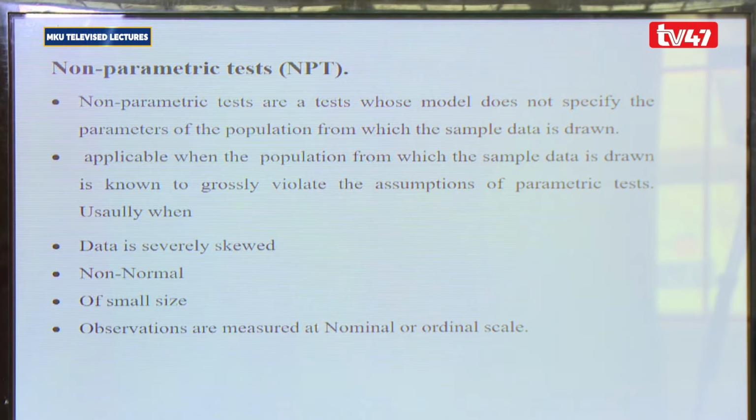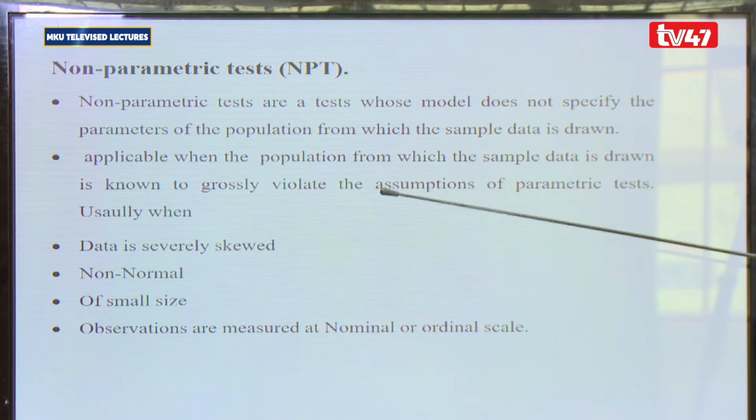Some data is known to violate these assumptions, or we may have very little information concerning the population from which we have sampled. So we resort to non-parametric tests, where the model does not say much about the population from which the data is drawn, only maybe that the population is continuous.